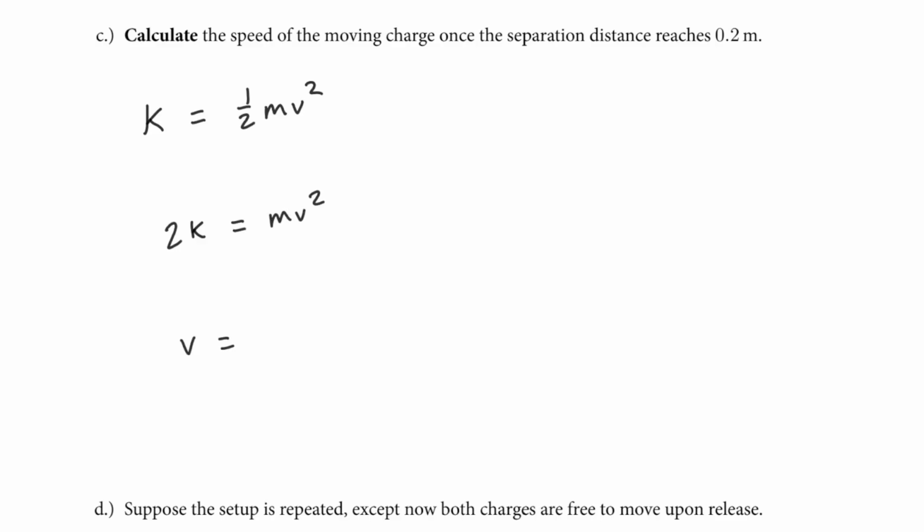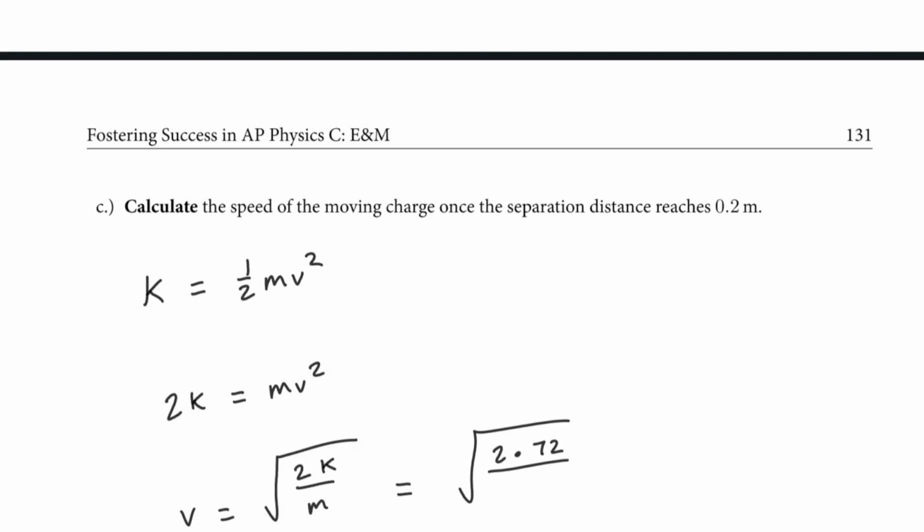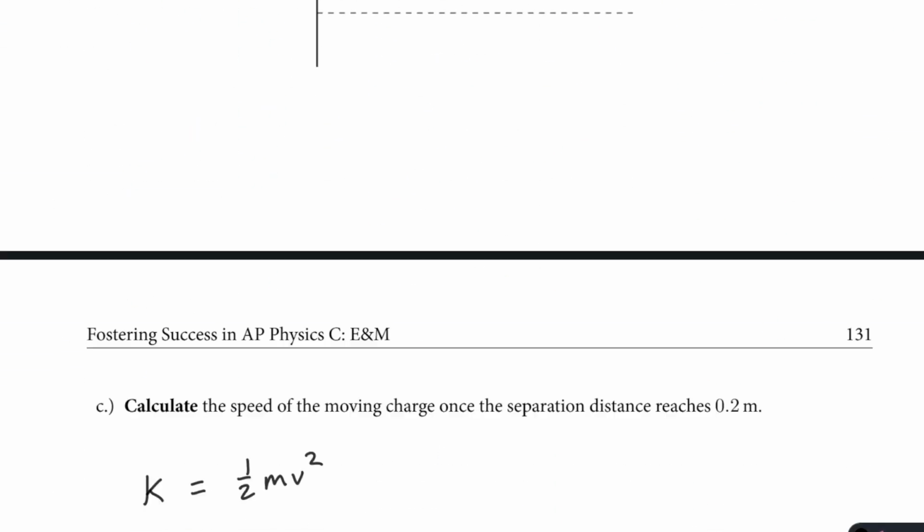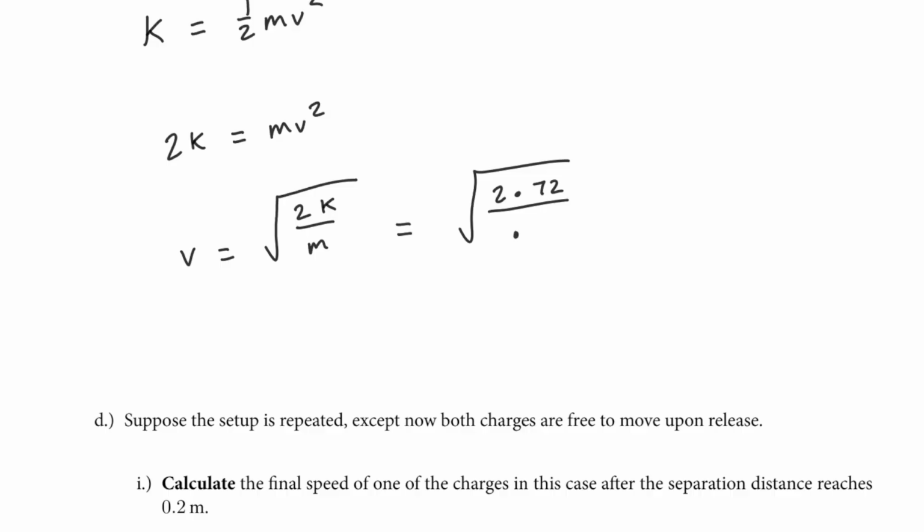So v would be the square root of 2K divided by m. We can plug in, because we know that the kinetic energy was 72 joules, and the mass of the charge is 0.25. Oh, how convenient. That's a perfect square. Thank you, me from the past, for doing that.